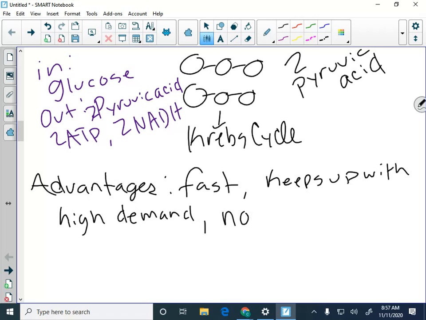And it does not need oxygen. But we're only getting 2 ATP out of it. We need to get as much energy as possible out of our glucose molecules to make it worth it.